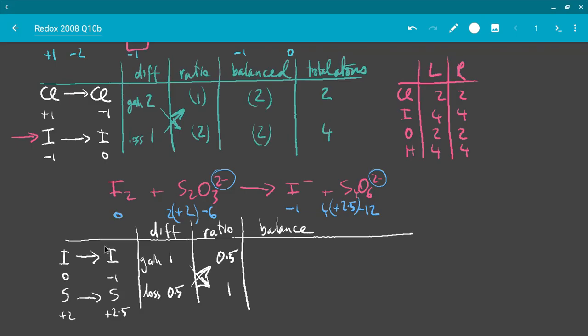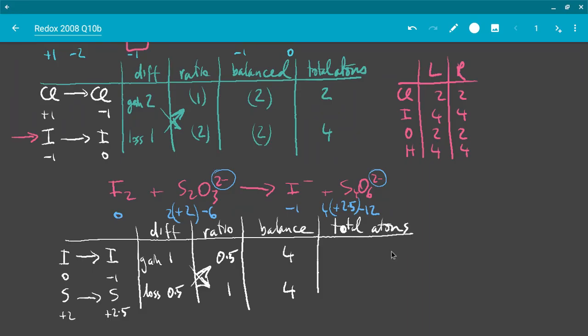And balance, let's see what we've got in the equation. We've got 2 atoms of iodine there, so we need at least 2 there, but we've got 2 atoms of sulfur there, and over here on the right we've got 4 atoms of sulfur. So we need 4. Because this ratio is established per atom of iodine and sulfur, as in we need twice as much sulfur as there are iodine atoms, we need to multiply both numbers in this ratio by the same thing to keep that ratio constant.